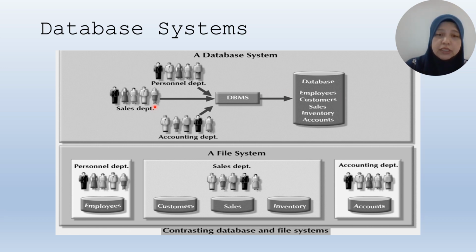Sales department can also access the same database, but they can only access the data related to them, for example, sales data and customers data. Accounting department can also access the same database that contains all of the data, but they are limited to only data related to them, for example, accounts data.